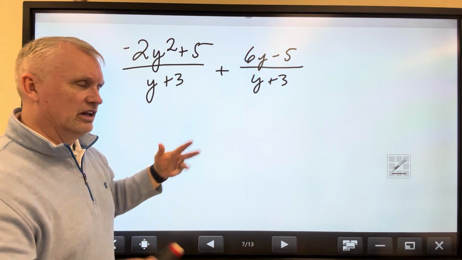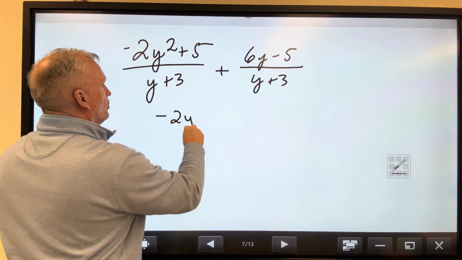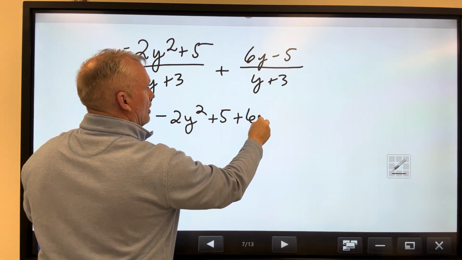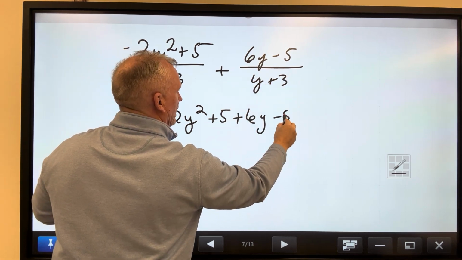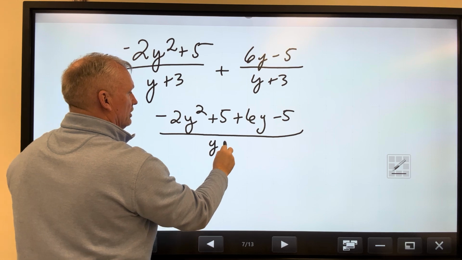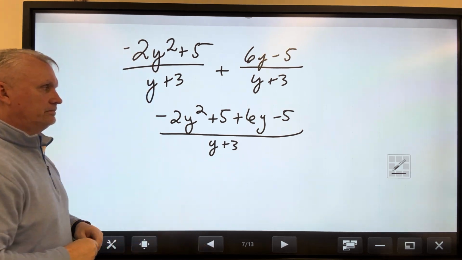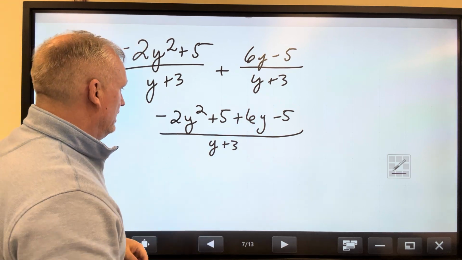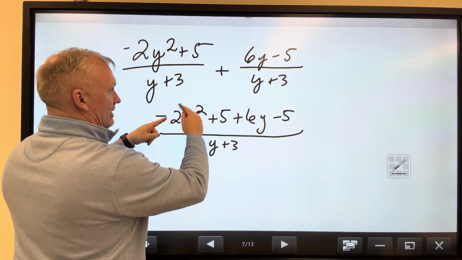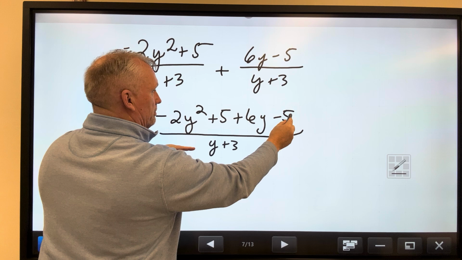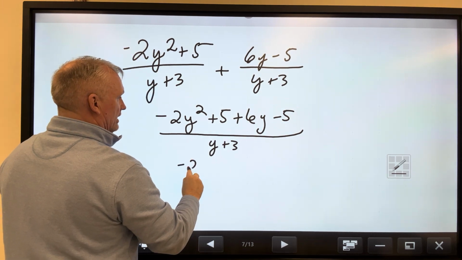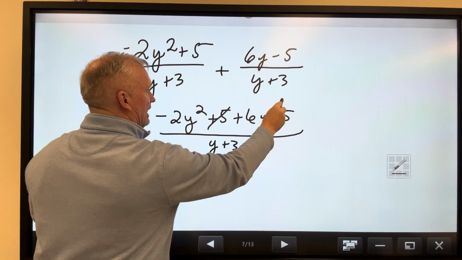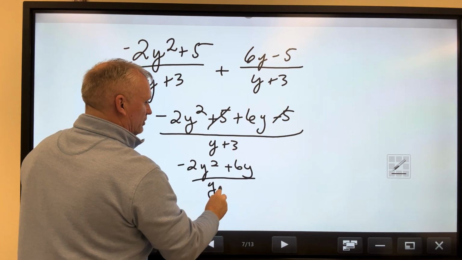So this is what I have: minus 2y squared plus 5 plus 6y minus 5 all over y plus 3. Now, combine like terms. Well, I don't have anything here to combine with the exception of my plus 5 and minus 5. So I got minus 2y squared plus 6y. These cancel out, over y plus 3.